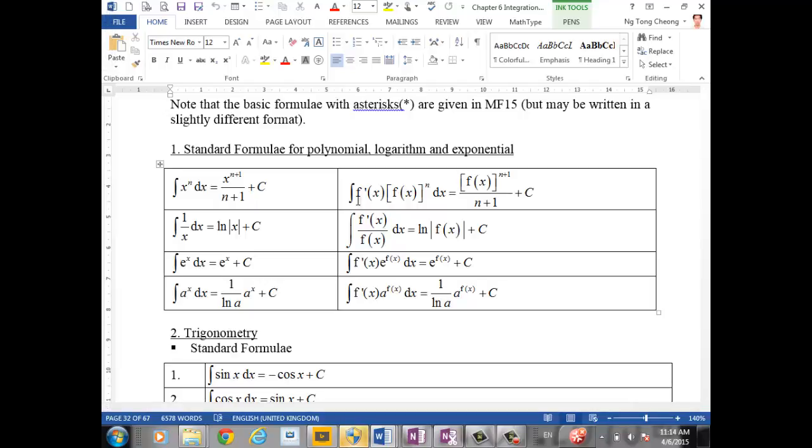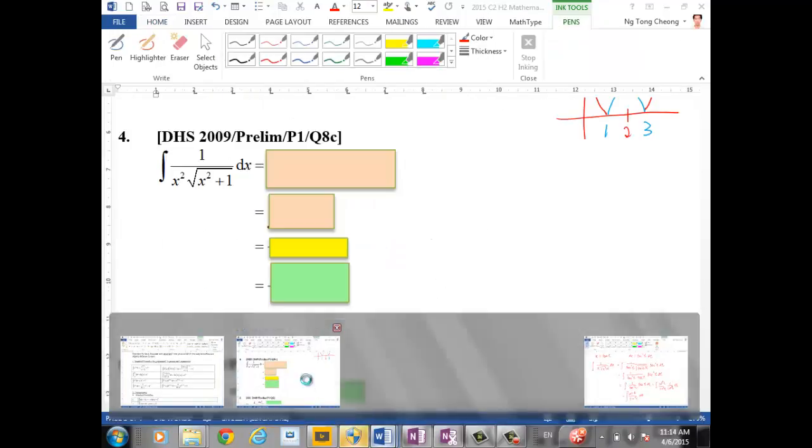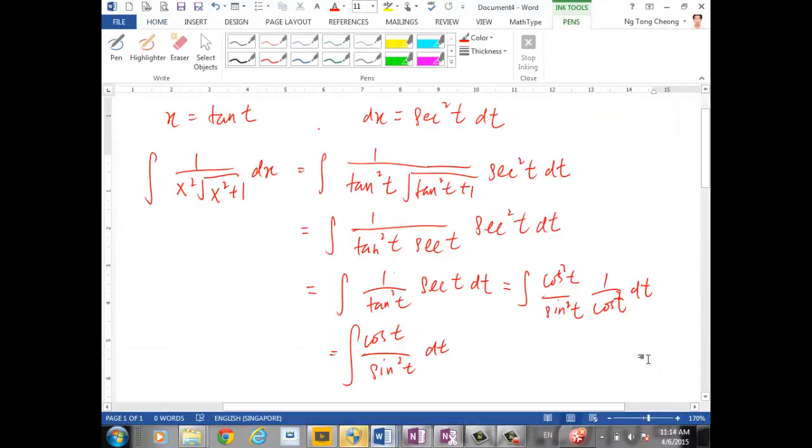Then you straight away apply the technique there, because you realize that differentiating sine will give you cosine. So you can apply the technique.